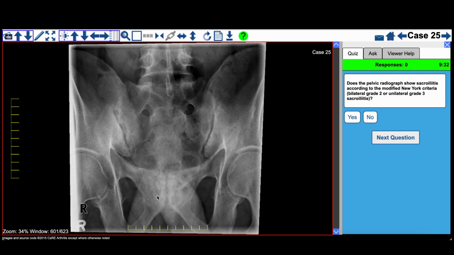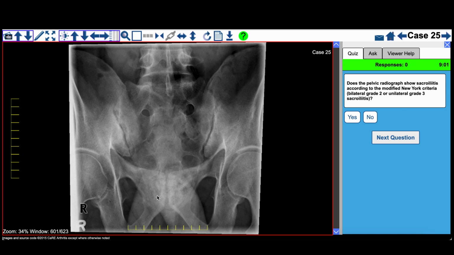And his back pain does not seem to have resolved after 3 years. And his back pain has some characteristics of inflammation, specifically morning stiffness and pain at night. And there is little to find on physical exam. He is B27 positive. His CRP is slightly elevated.